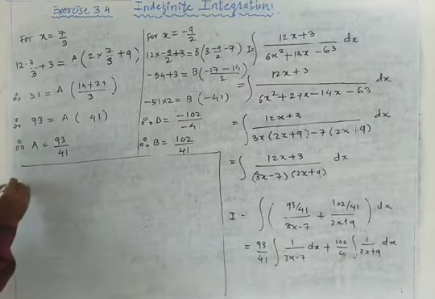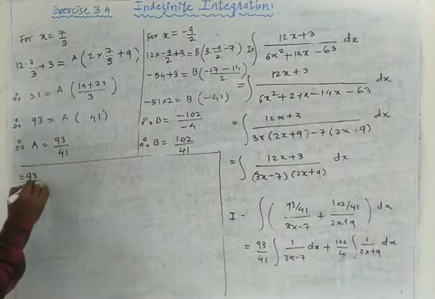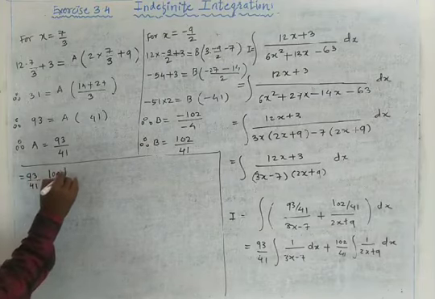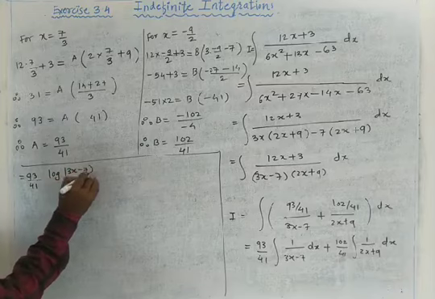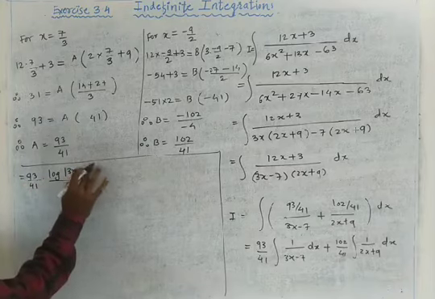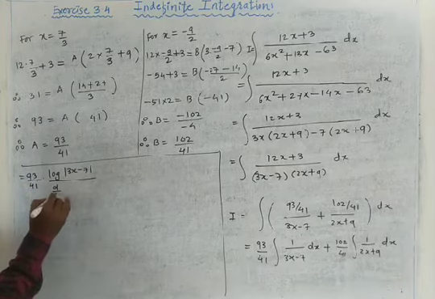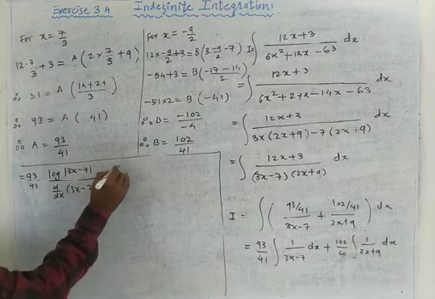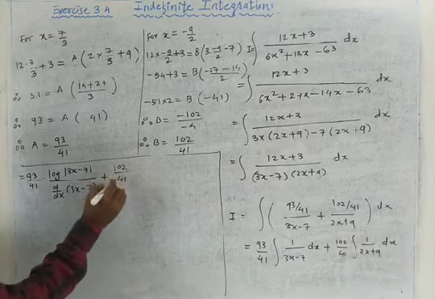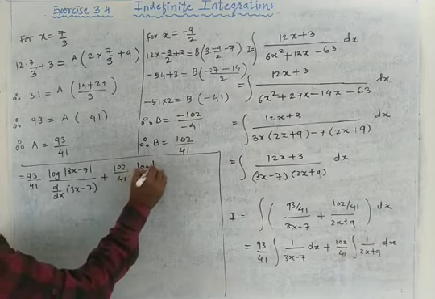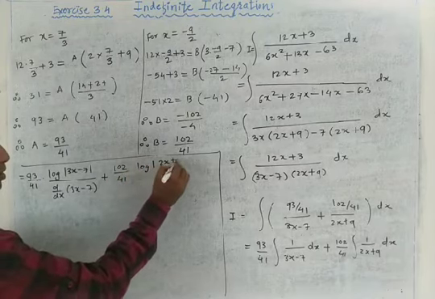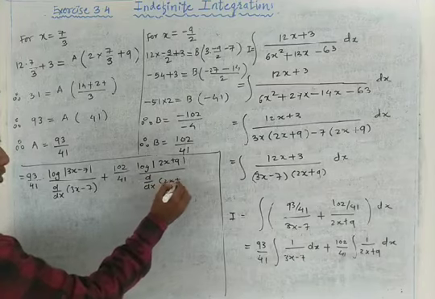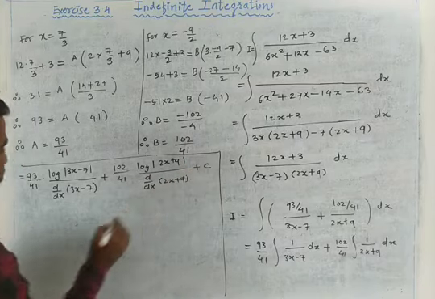So by using that formula, 93/41 × log|3x − 7| divided by d/dx of (3x − 7), plus 102/41 × log|2x + 9| divided by d/dx of (2x + 9), plus c.